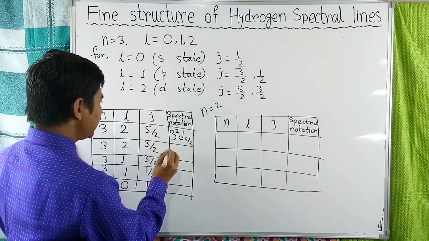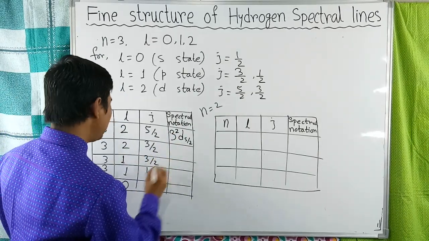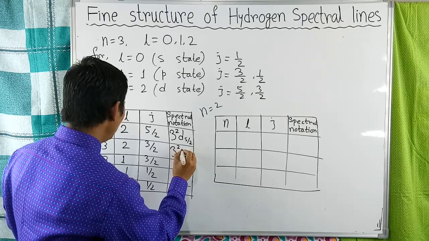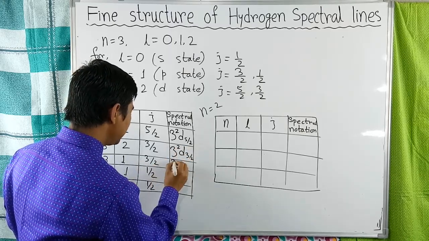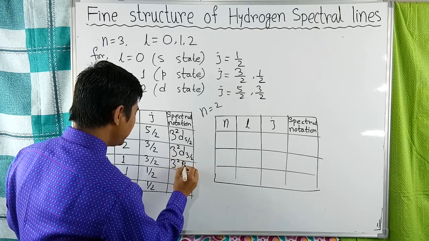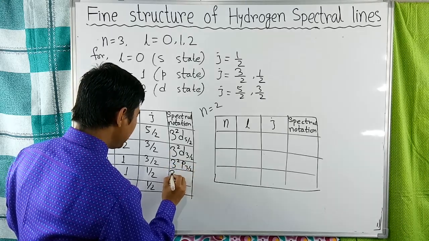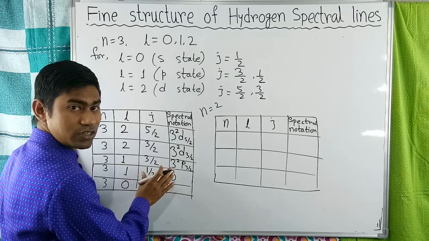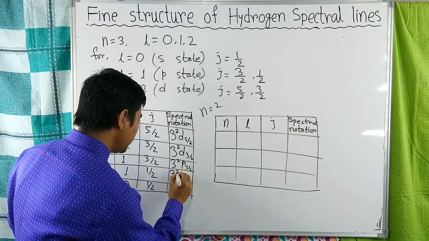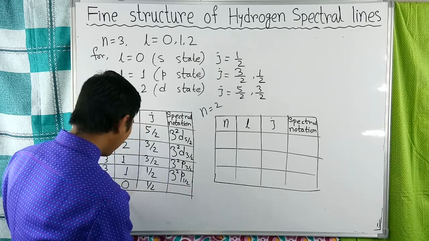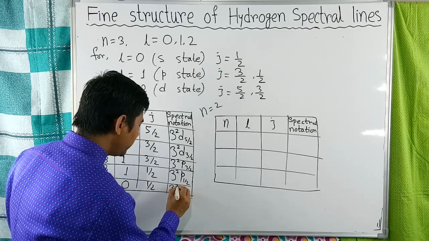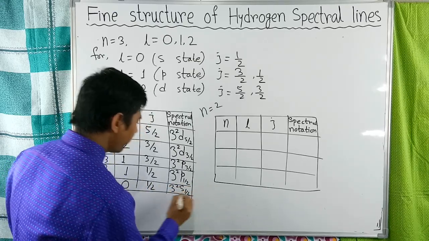Similarly, the spectral notation of this state will be 3 2d 3 by 2, and this is 3 2p 3 by 2, the spectral notation of this quantum state is 3 2p half, and the spectral notation of this quantum state is 3 2s half.